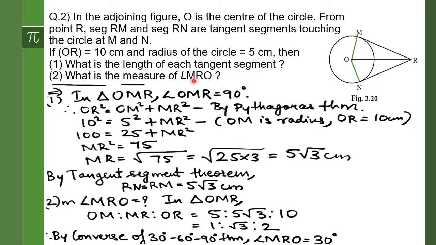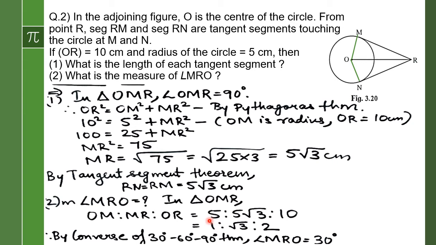The second part is finding the measure of angle MRO. For that, in triangle OMR again, if you find the ratio of the three sides OM, MR, OR, it is 5 is to 5 root 3 is to 10. Dividing by 5 throughout, it would be 1 is to root 3 is to 2. Now this is the ratio of a 30, 60, 90 degree triangle.